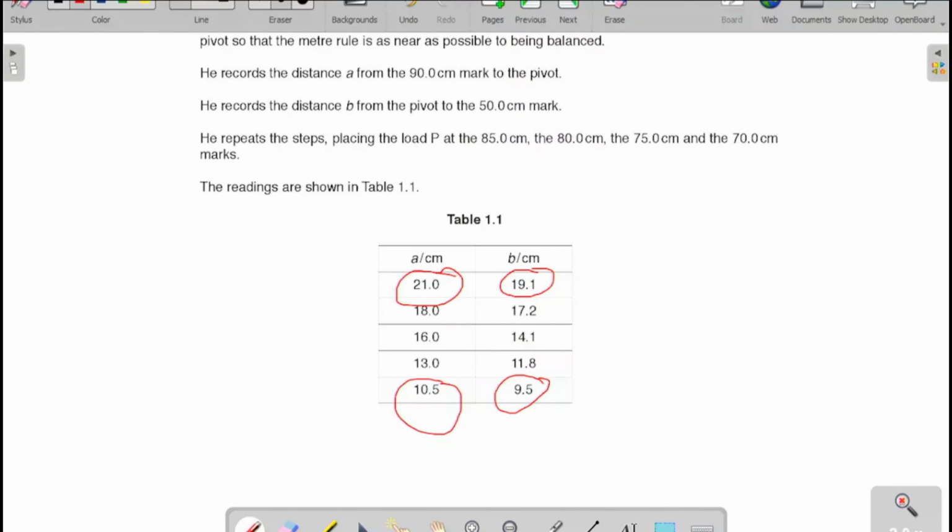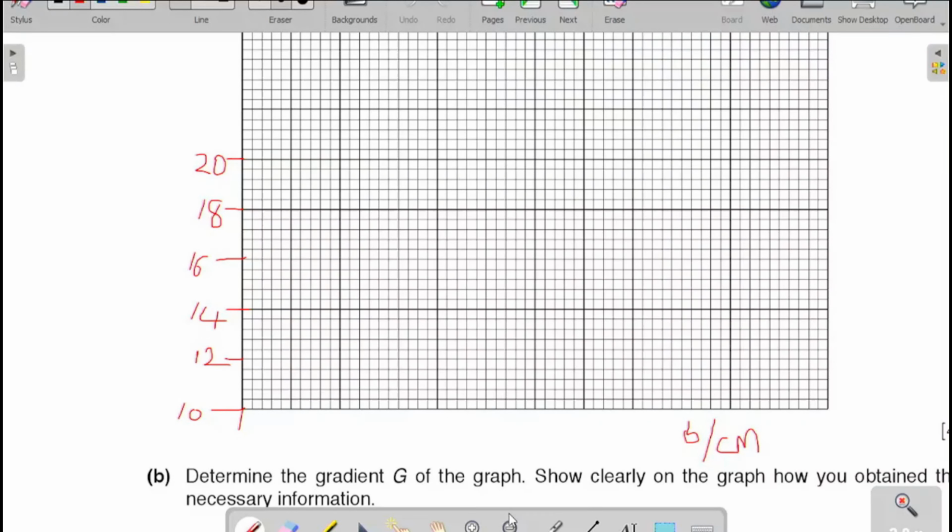So let's look at the scale, 9.5, 19.1. I am going to start this one with 9. If this is 9, let's make this one 11, because your graph must cover a greater part of the graph sheet.